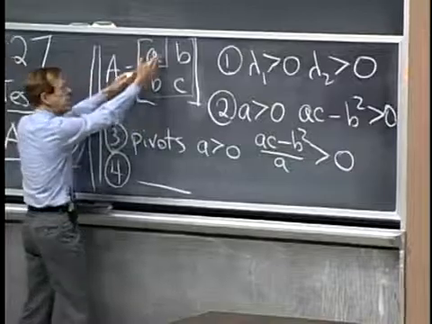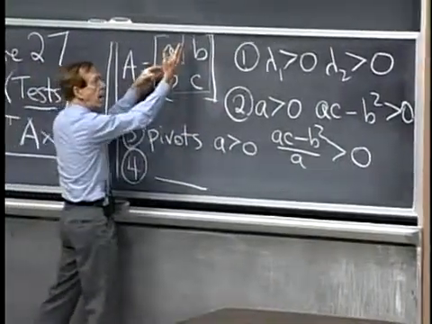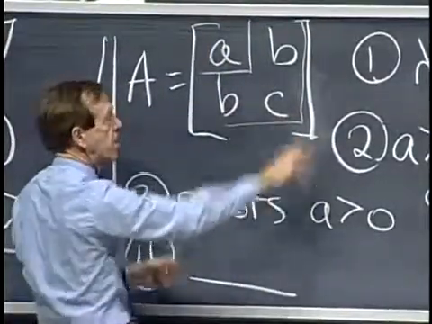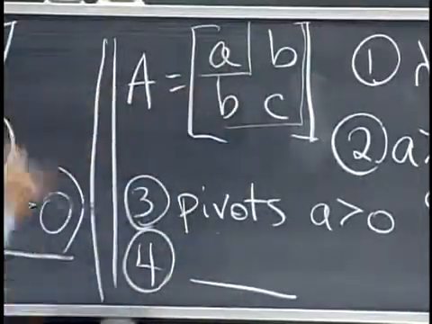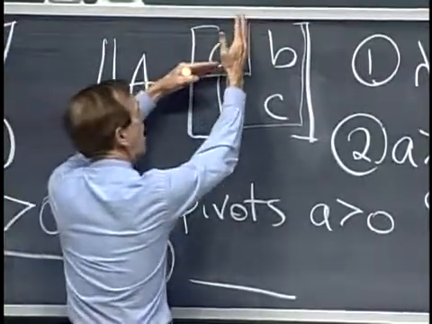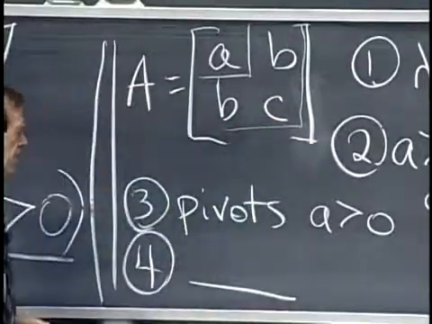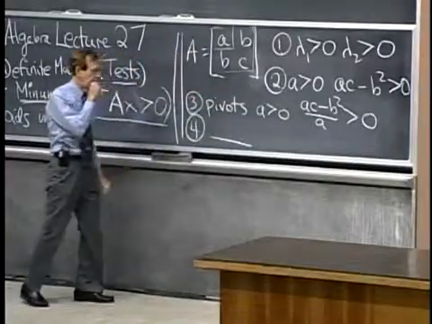Are the determinants of all the leading submatrices, the first ones, the northwest submatrices coming down from there, positive? All those determinants have to be positive. And then another test is the pivots.